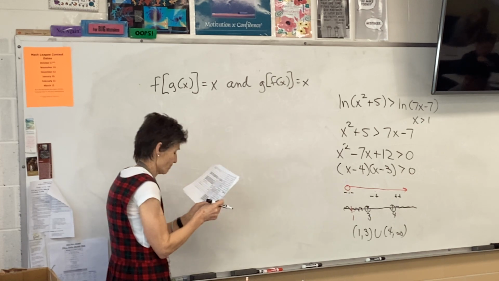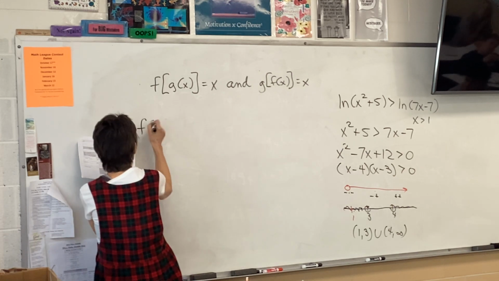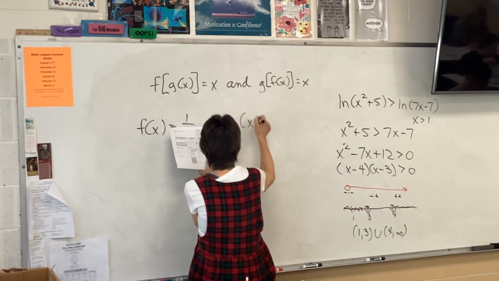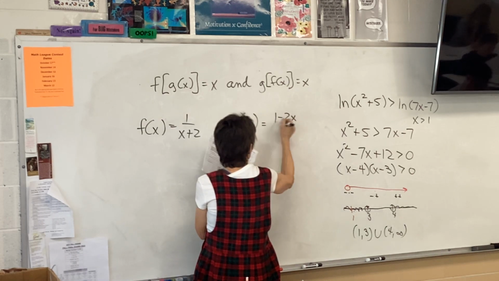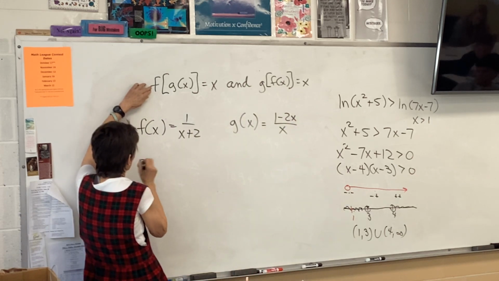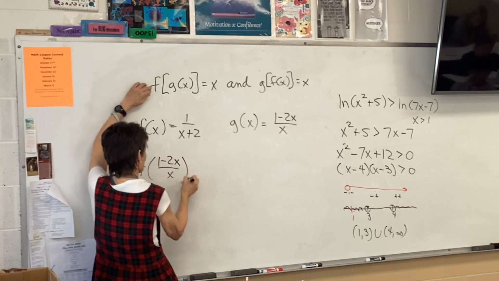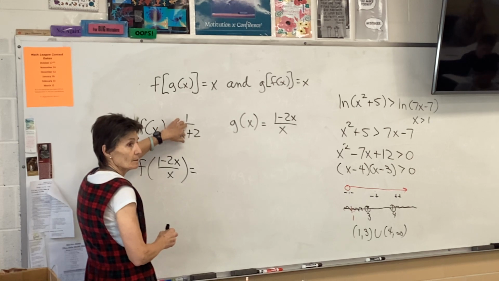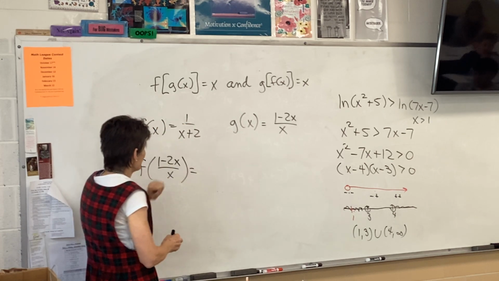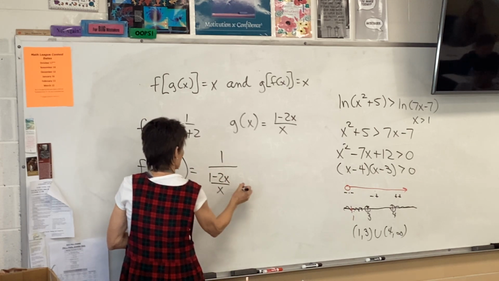Okay, so what are my functions again? Here's f, and here is g. If I'm doing this one, I'm going to plug 1 minus 2x over x into my f function. So g is going into f. So 1 over 1 minus 2x over x plus 2.